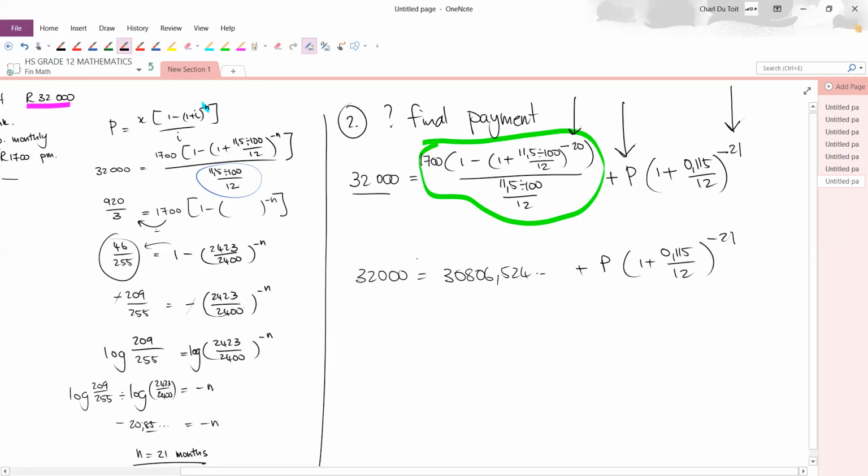So I'm going to subtract those. So 32 grand minus answer. That will give me 1193.475 whatever equals P. And now what I'm going to do, I'm going to type this blue part in my calculator. Right. I've got bracket 1 plus 0.115 over 12 to the power of minus 21.